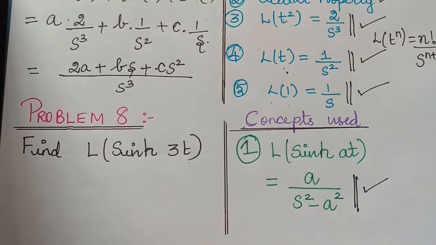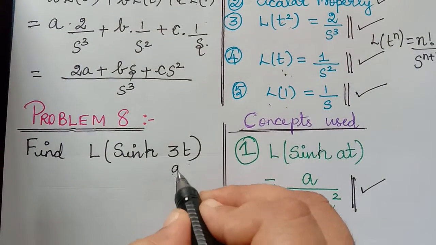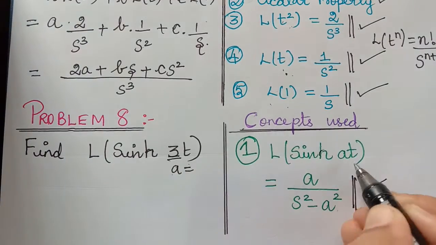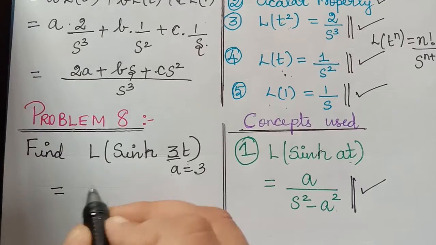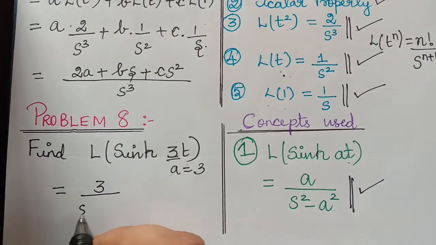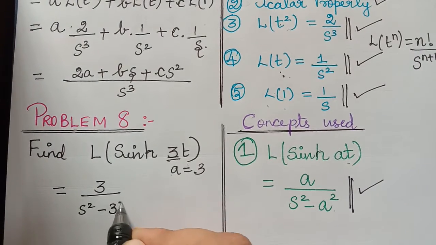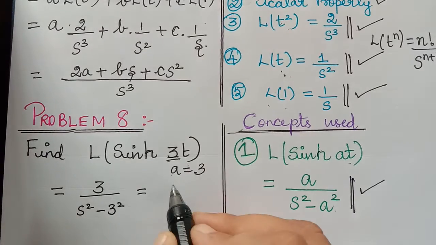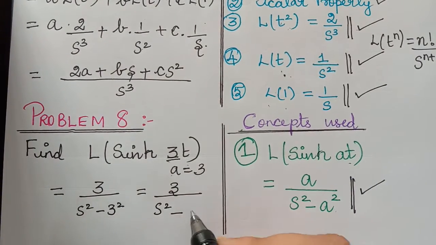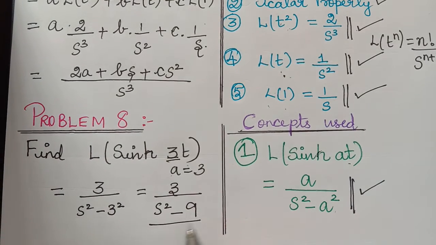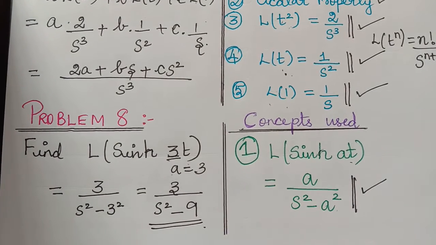So we will apply this formula here. In the place of a, what do we have? We have 3 here. So the solution will be equal to 3 divided by s square minus 3 square. More simply, 3 divided by s square minus 3 square is 9, so s square minus 9. So this is the solution.